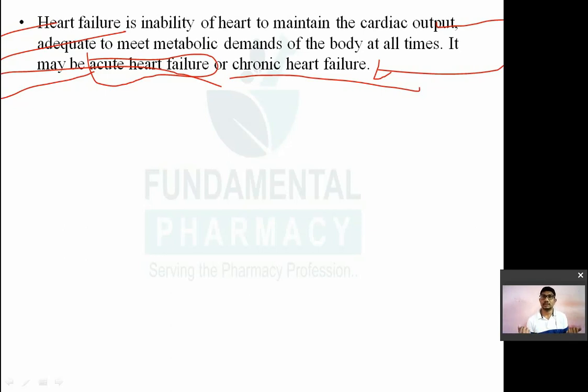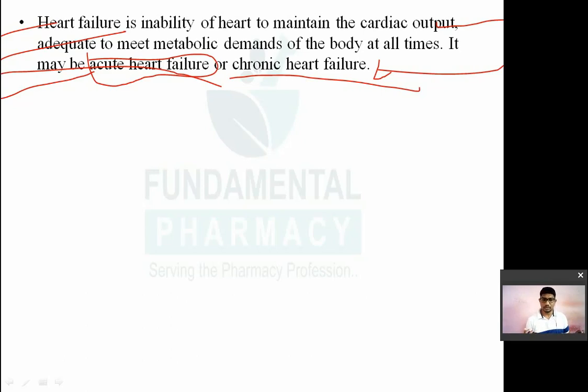If the heart is normal, it will meet the demand by increasing the heart rate and cardiac output. And at rest, less cardiac output is required, so the heart will relax and decrease the cardiac output. That is normal. Now what happens if you are suffering from any disease like myocardial infarction, endocarditis, myocarditis, any vascular or blood vessel disorder, or any kidney disease?